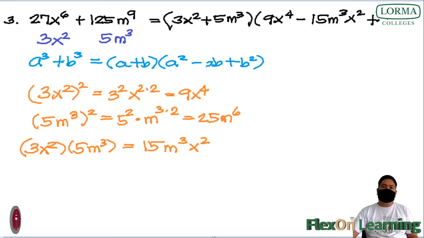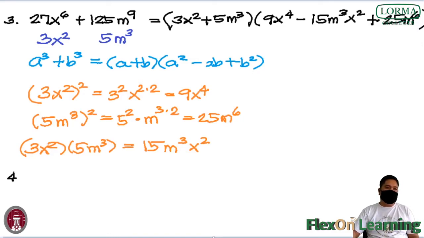Then plus 25m6. We just use alphabetized arrangement for formality. So 27x6 plus 125m9 would be factored as 3x squared plus 5m cubed, times 9x fourth minus 15m cubed x squared plus 25m6.